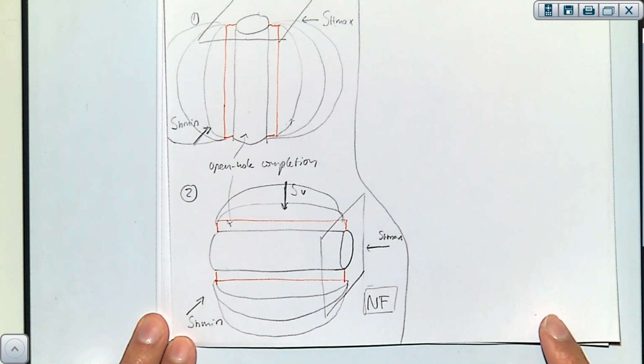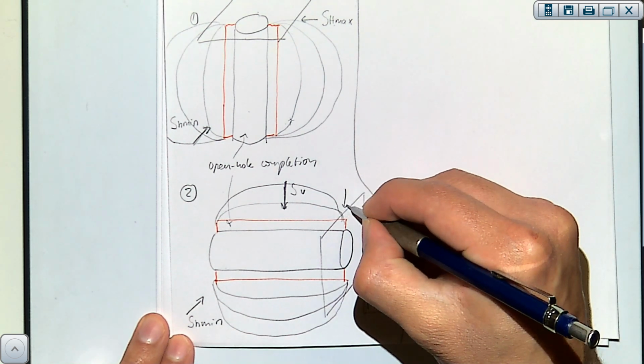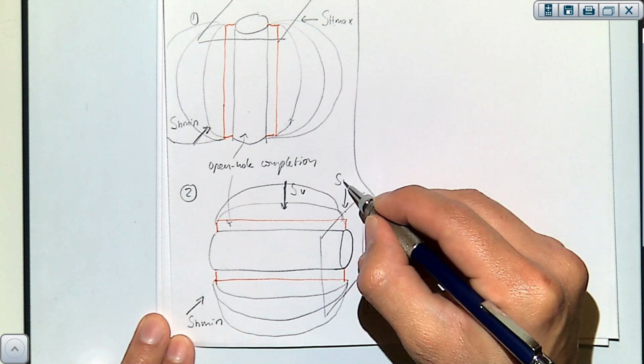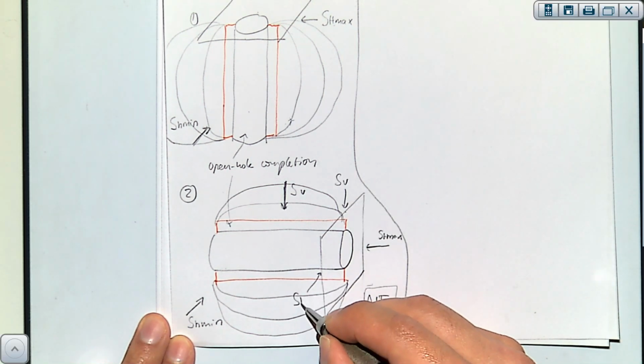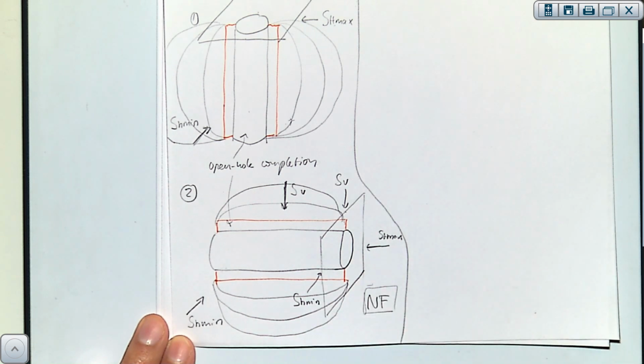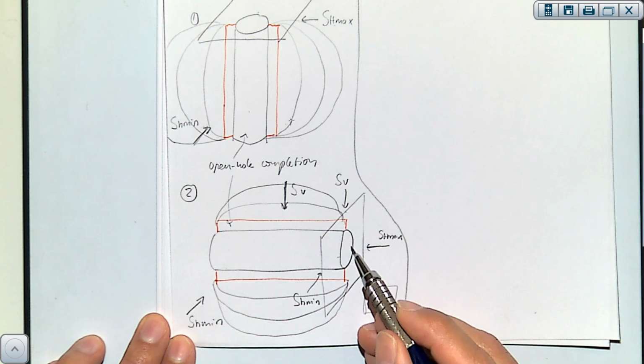Correct. Yes. So SV, if I look just at this plane, is here, and SH min is there.